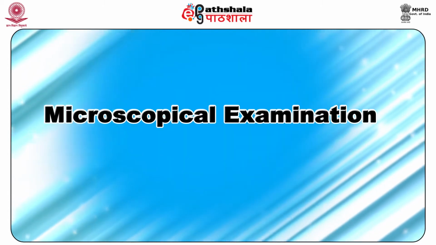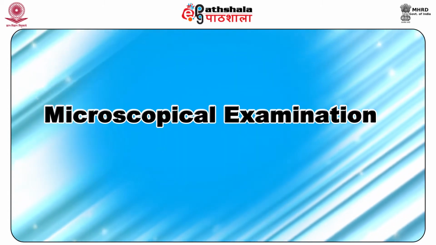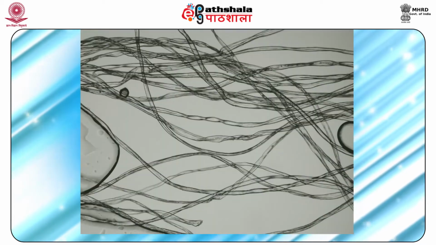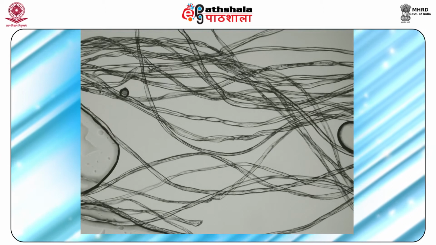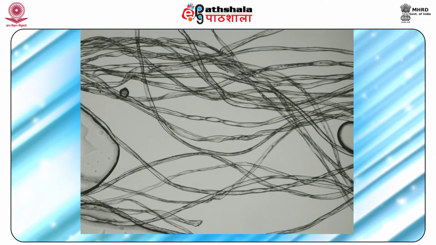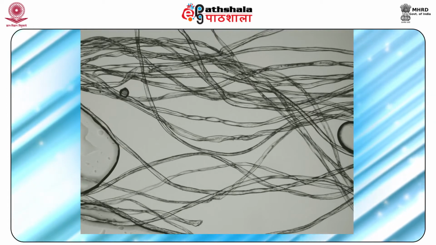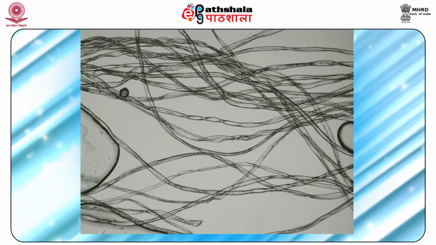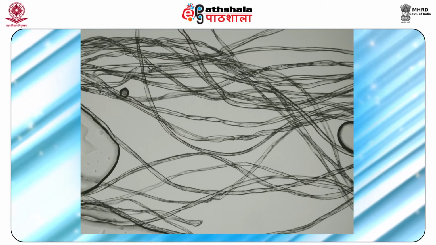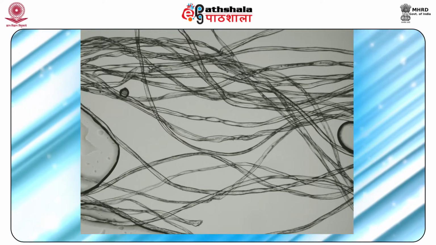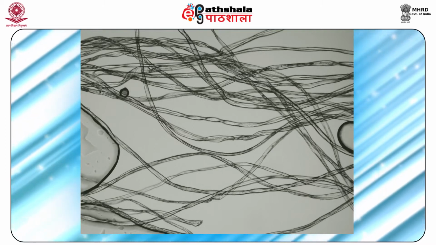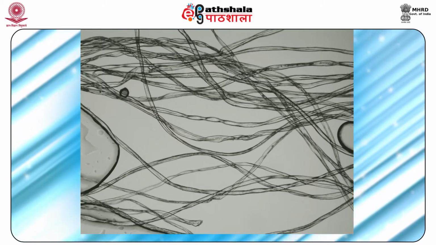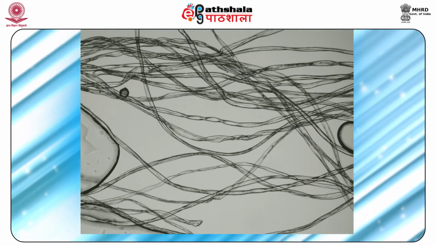Now moving on to the microscopical examination. Microscopy is the essential element in almost all aspects of the forensic examination and comparison of fibers. On the most fundamental level, microscopes are necessary to see fibrous evidence no matter what observation or test is being performed.